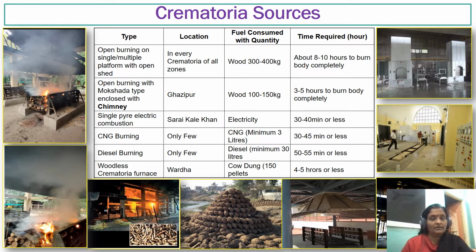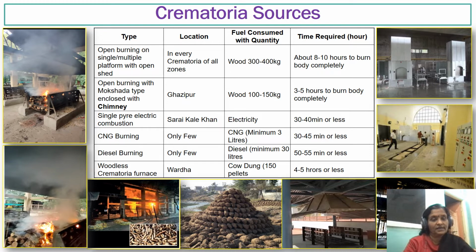This one is the crematoria of the Mokshada type, where a semi-open type of carriage is made, and a lot of emissions are there again because no pollution control system is involved. It's just a hood that is being placed over here, and nothing goes inside the chimney in this.